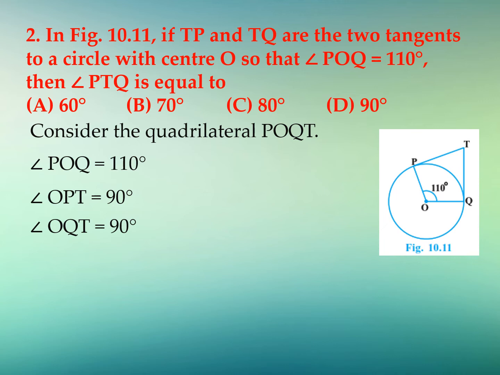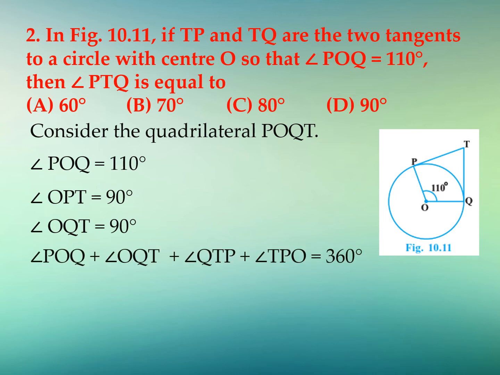So we are going to use the angle sum property of a quadrilateral, which can be written as angle POQ plus angle QOT plus angle QTP plus angle TPO. That is, the sum of all the four angles of the quadrilateral is equal to 360 degrees. Next thing we have to do is the substitution.